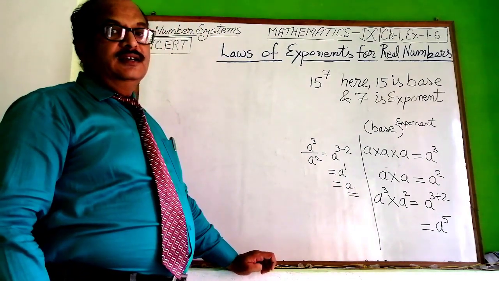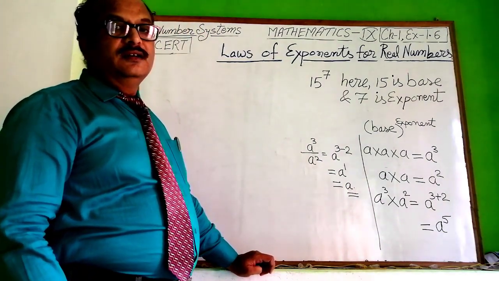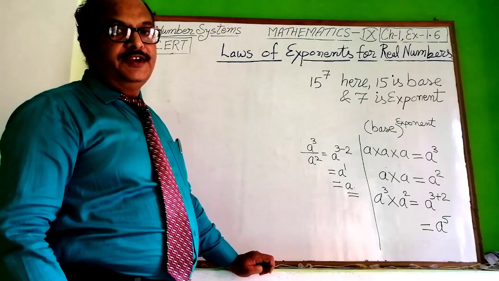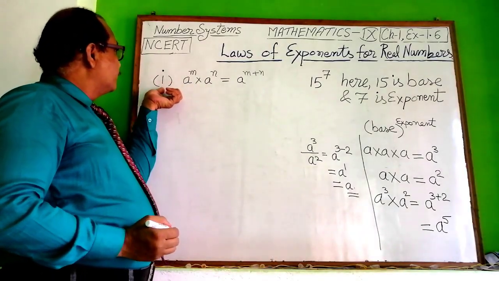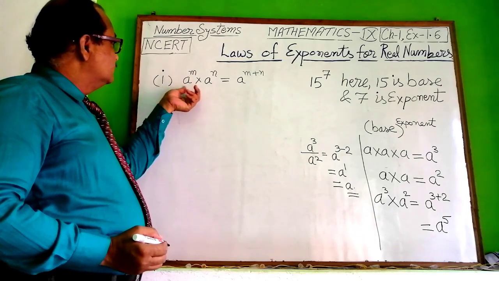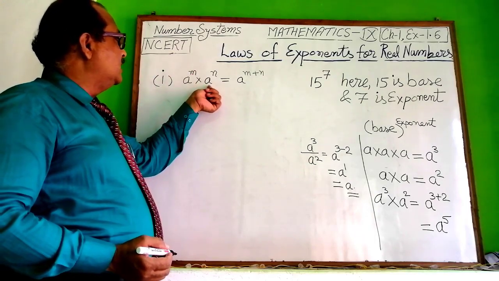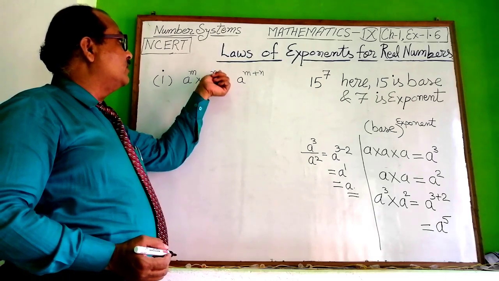So let us see all the other laws of exponents. You can see the first law, a raised to the power m multiplied by a raised to the power n.